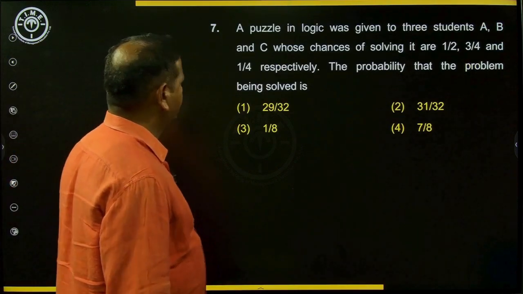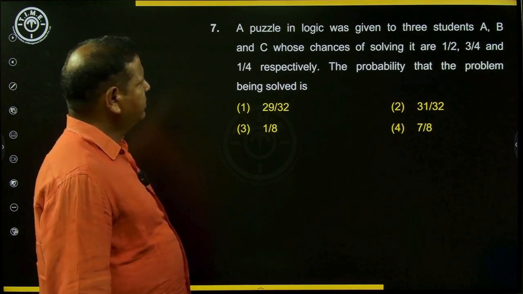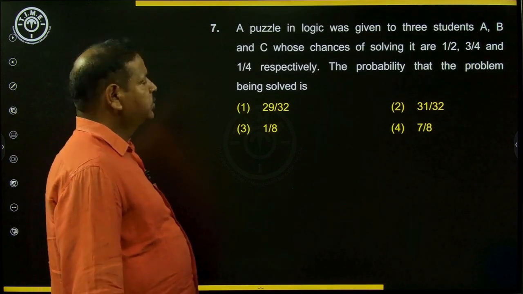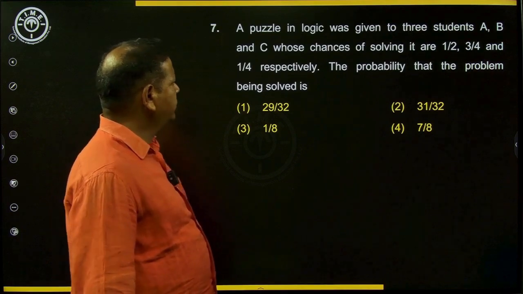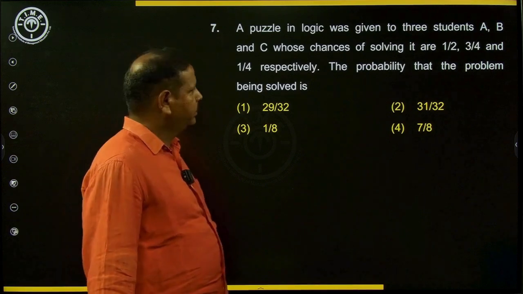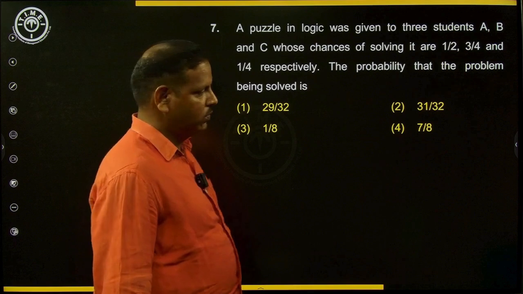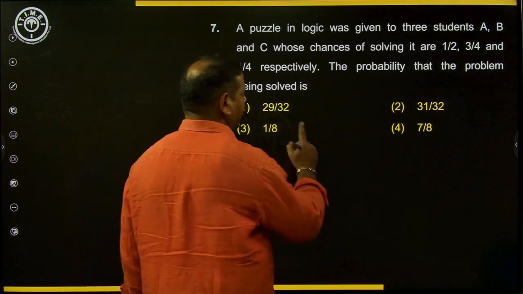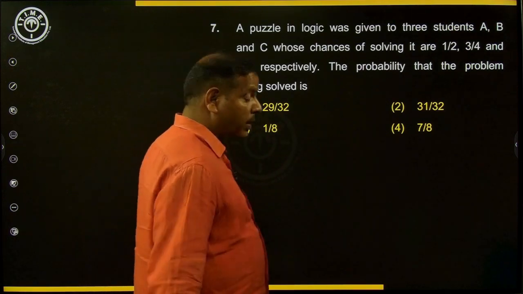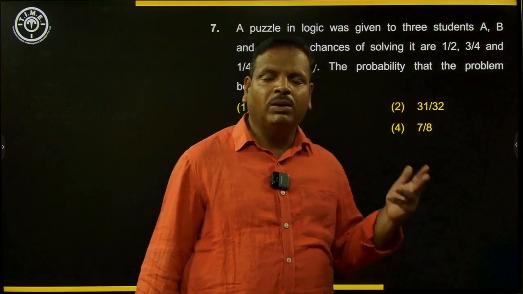Now see this, a puzzle in logic was given to 3 students A, B and C, whose chances of solving it are 1 by 2, 3 by 4 and 1 by 4 respectively. The probability that the problem is solved. There are 3 persons, and the problem should be solved.